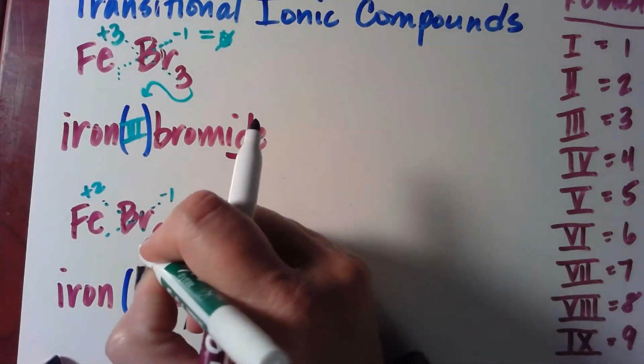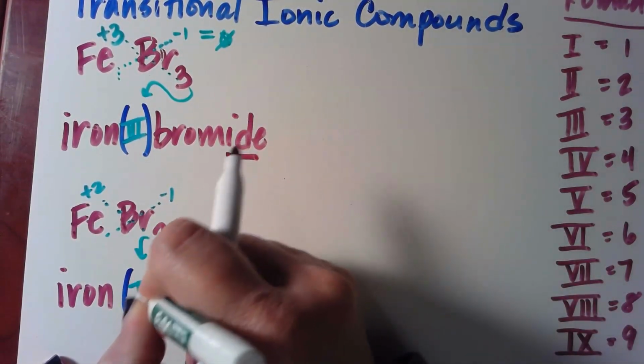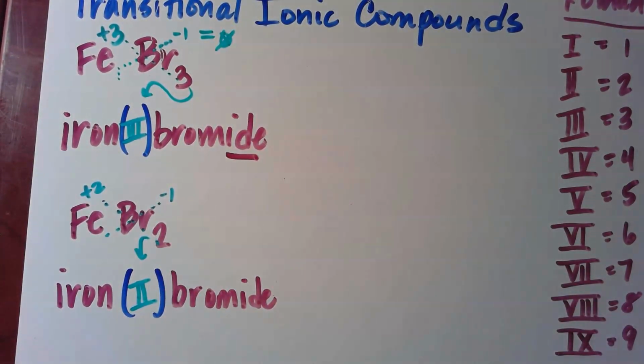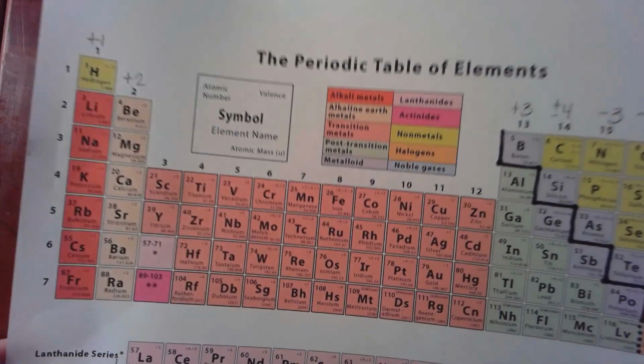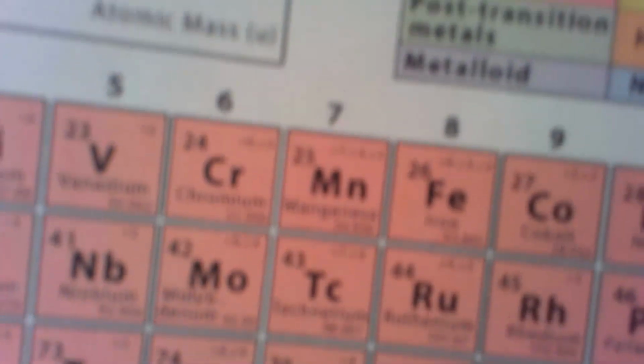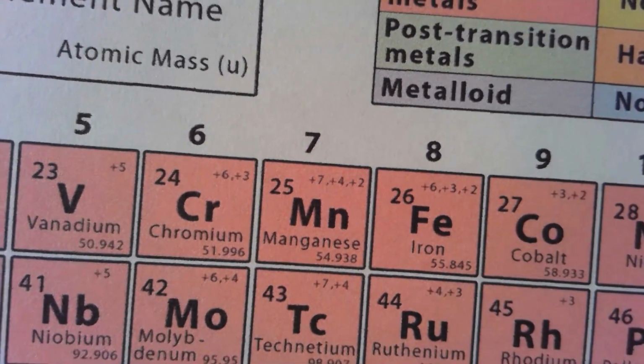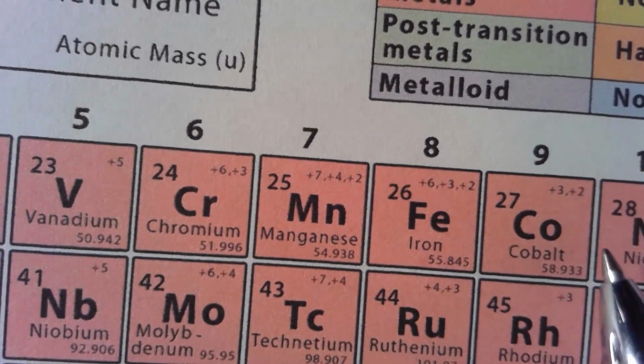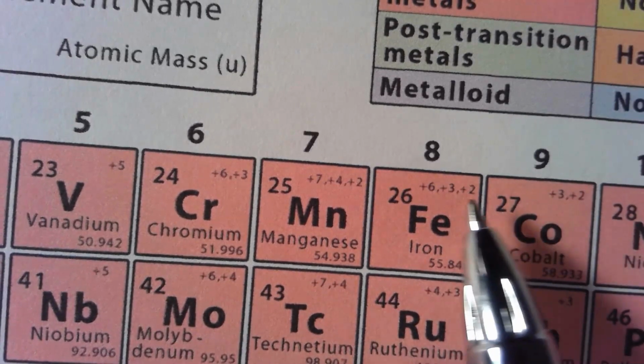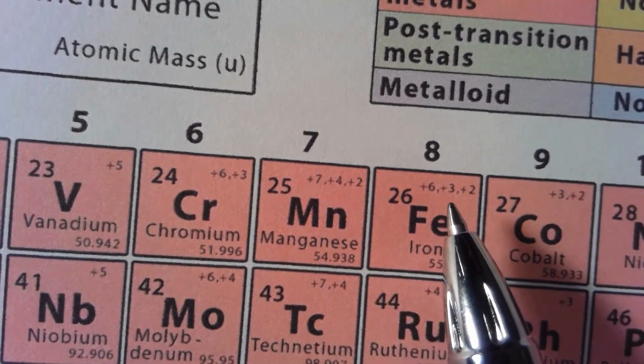So this is now iron 2 bromide. And what you'll notice on iron is that iron can have many charges. If I can zoom on this, iron can actually be a +6, a +3, or a +2. Which one you have, you don't know unless you do what we just did and crisscross our charges.